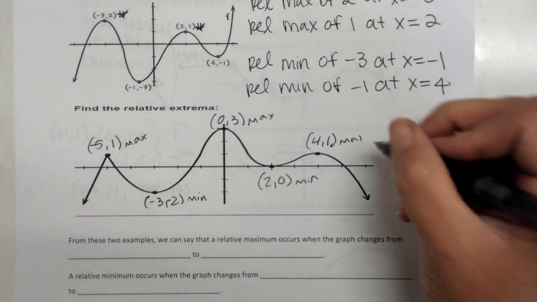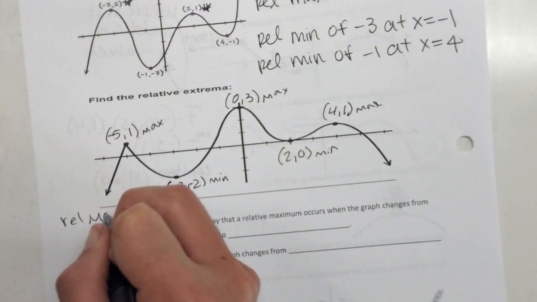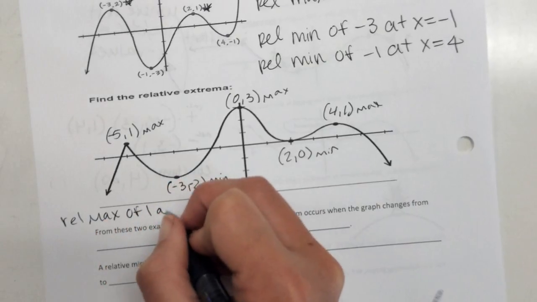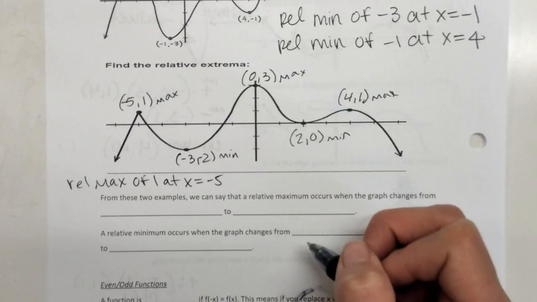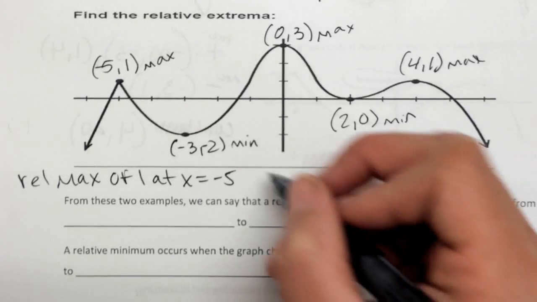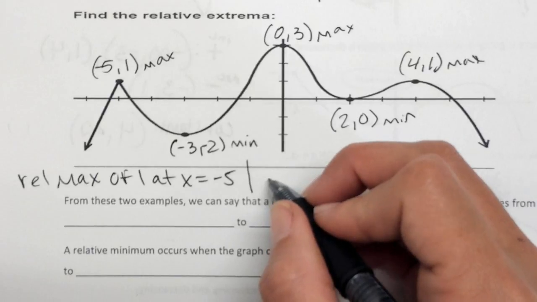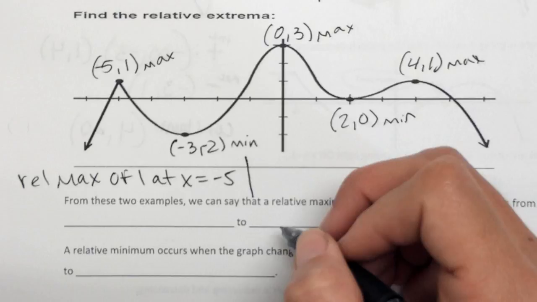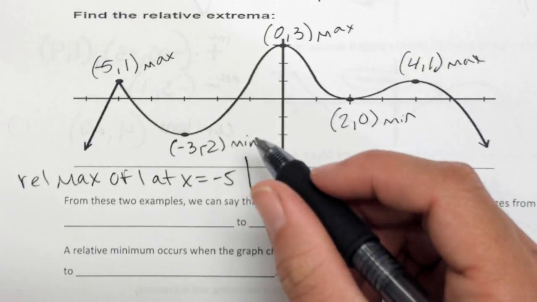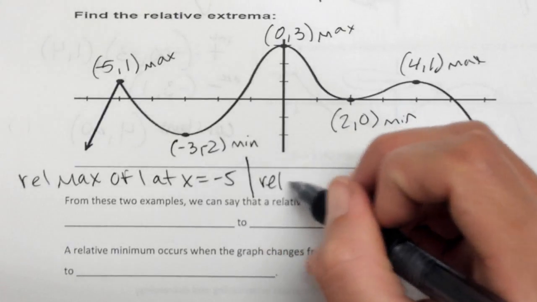Alright, Camden, tell me how to write one of them. It doesn't matter which one. Justin, give me another one, how to write it. You did 8. You can do any of them. Try this one. This is a relative what? Of.